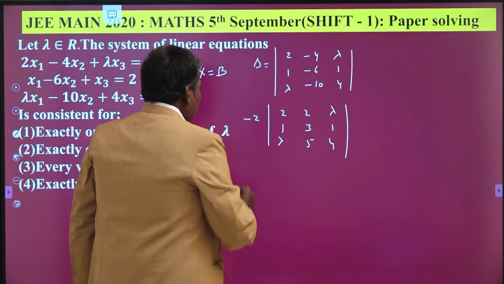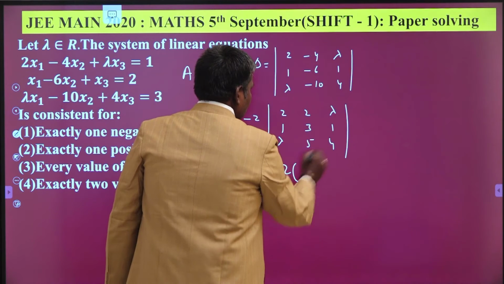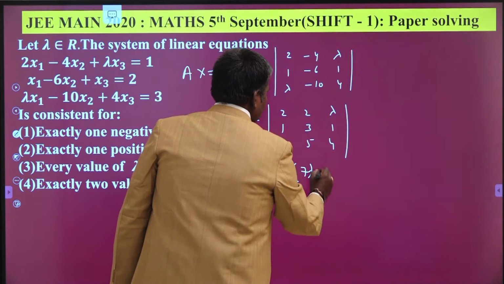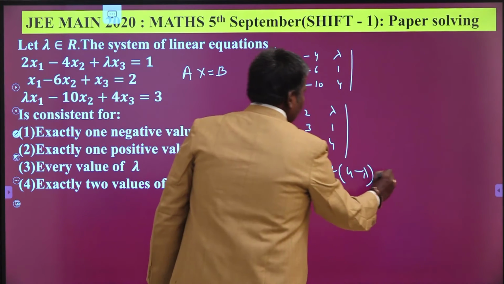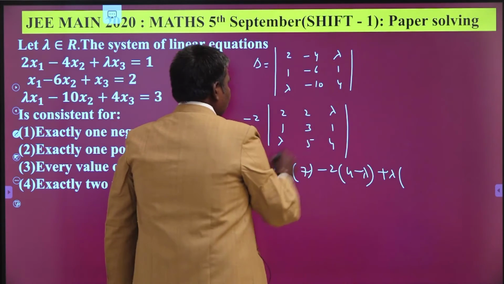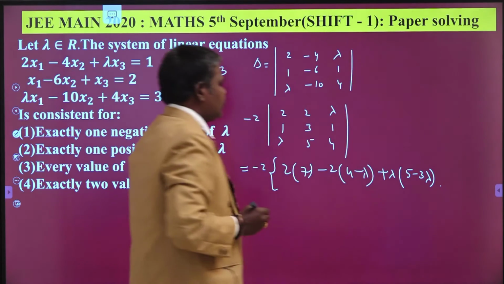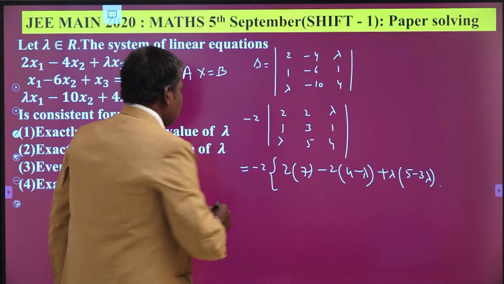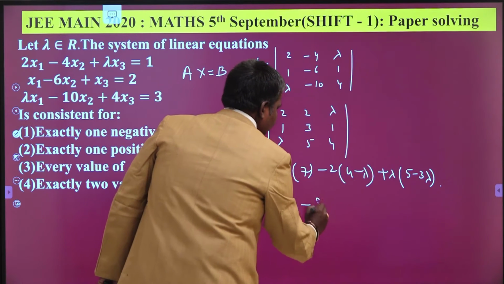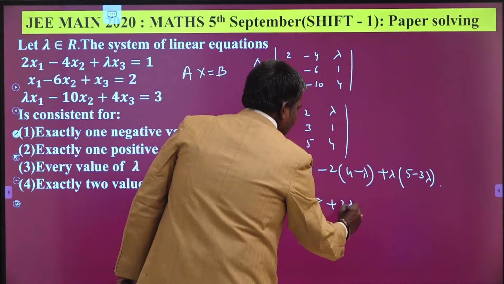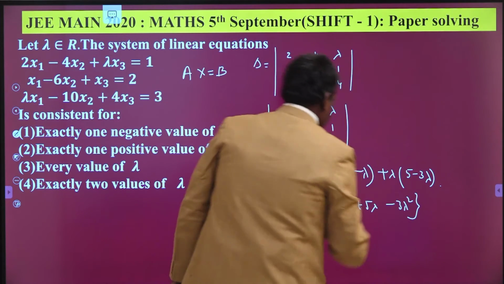I am expanding this one. Minus 2 times of 2 into 12 minus 5, that is 7, minus 2 into 4 minus lambda plus lambda into 5 minus 3 lambda. So this is nothing but minus 2 times of 14 minus 8 plus 2 lambda plus 5 lambda minus 3 lambda square.